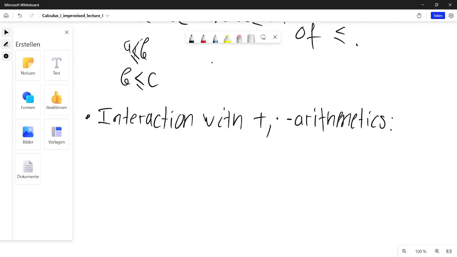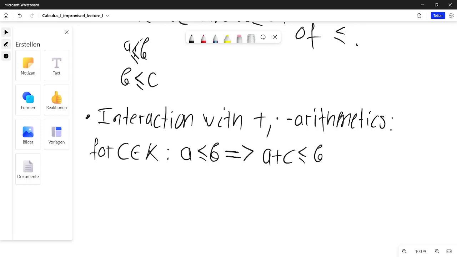When we have, for C an element of K, so for instance C, that A smaller or equal B implies A plus C smaller or equal B plus C. Okay, for C smaller than 0, and we know what it means.